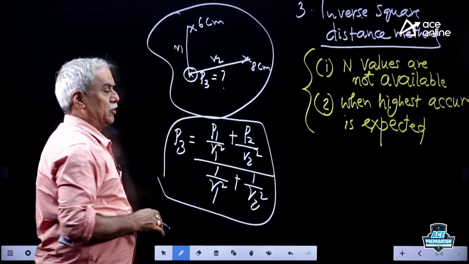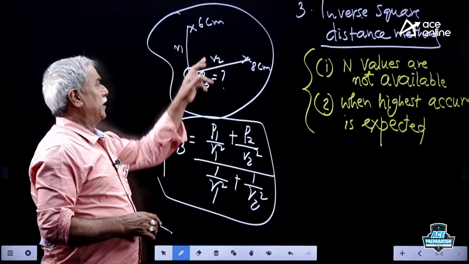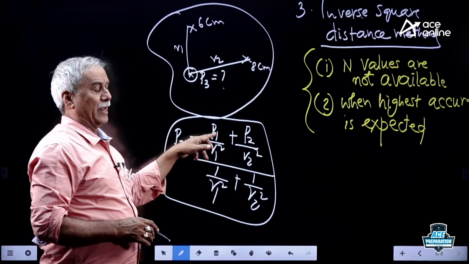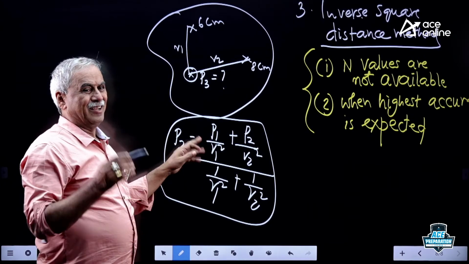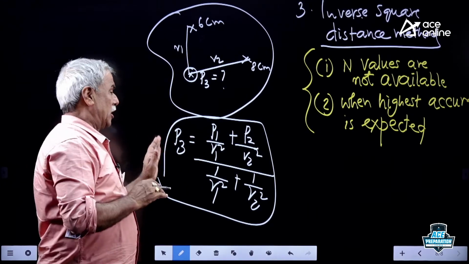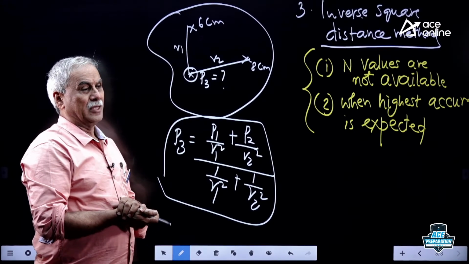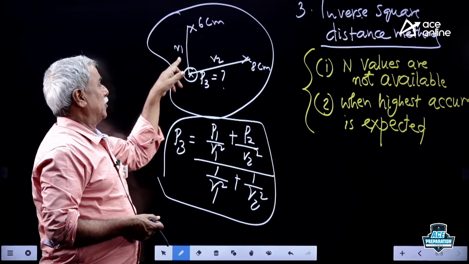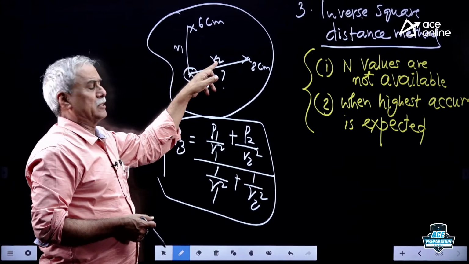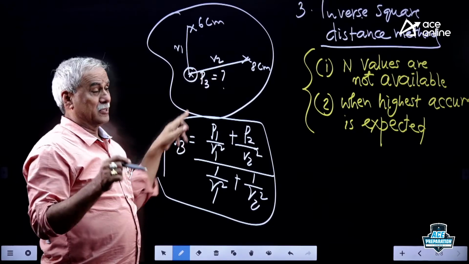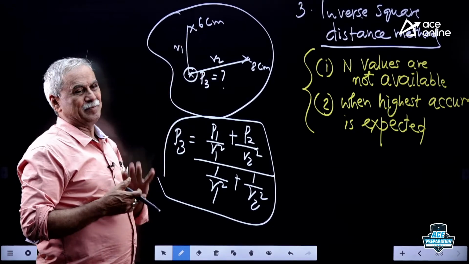This formula will give you any rainfall; in the closer distance the surrounding rain gauge station also will get almost the nearer value of the rainfall. If the rain gauge station is closer, suppose R1 is 100 kilometer, R2 is some 300 kilometer, your answer P3 will be closer to 6.